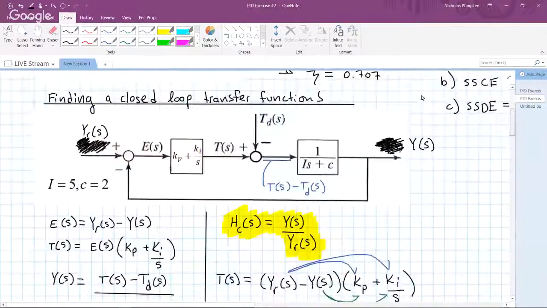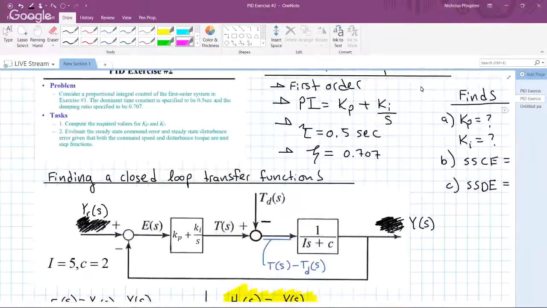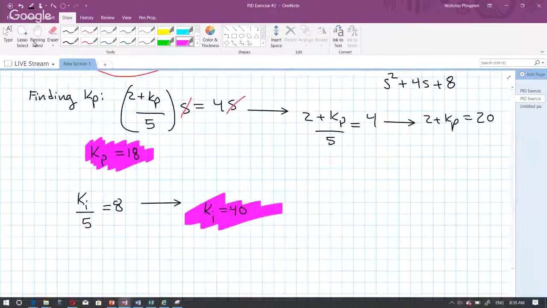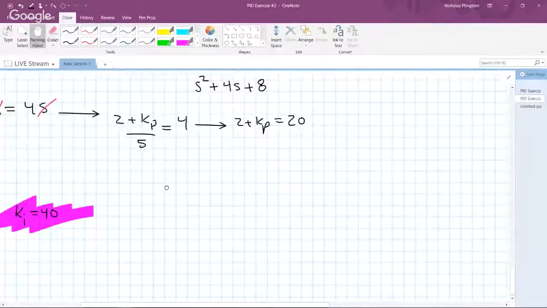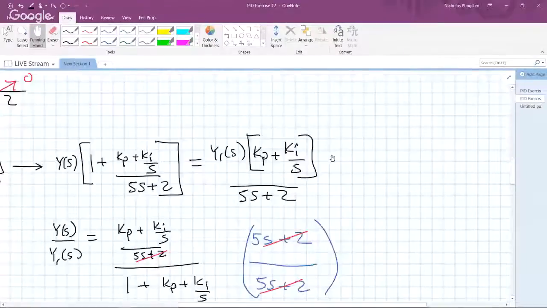So that's part A. What's the next part we got to find? Part B is the steady state command error. How do we find that? Thinking about, do I have room on the right side? Oh, I do. Lots of room.